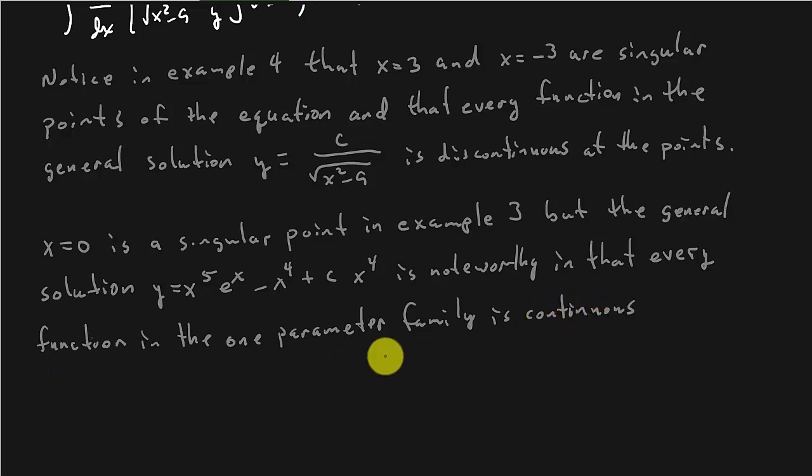Every function in this is continuous. It's just a polynomial, right? Is continuous at x equal 0. Okay, so the solution is continuous at x equals 0. X equals 0 is a singular point.